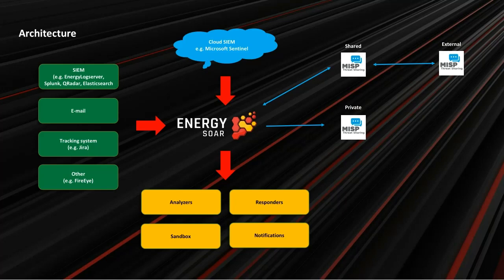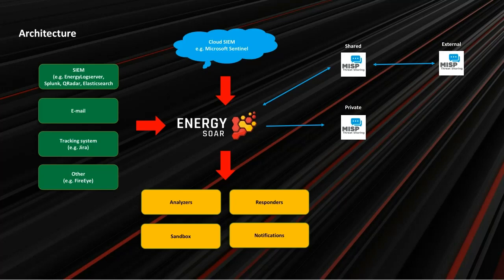At the same time, from Energy Logserver, we can share and exchange information with external services, for example, malware information sharing platforms. The communication is in both directions: we can ask the platform for information, receive the results, and then act quickly.